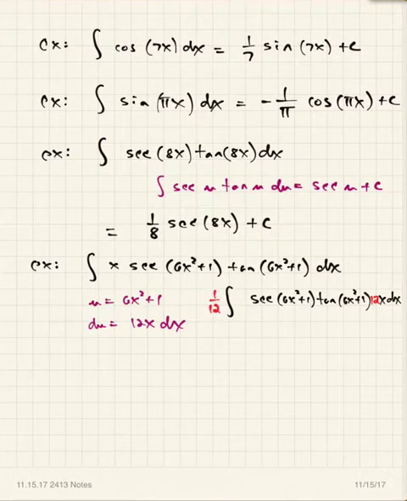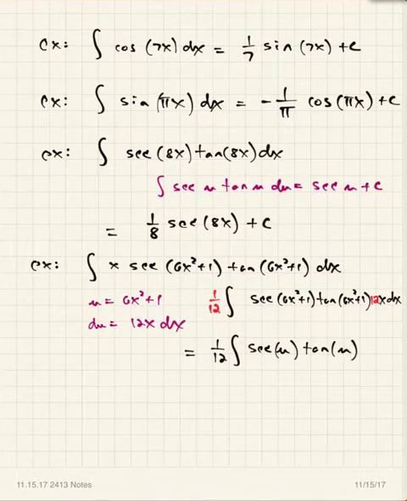All right, so now we formally make the substitution. And so this would be 1/12 times the secant of 6x squared plus 1, which would be u, tangent of 6x squared plus 1, which would be u, and then the 12x dx is represented by du. So sure enough, this is a function that we know the antiderivative.